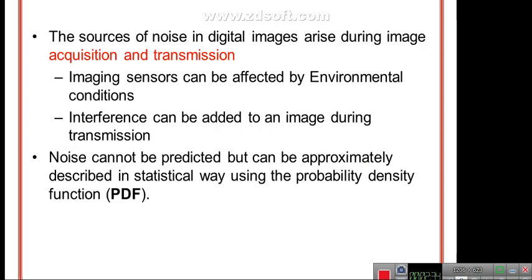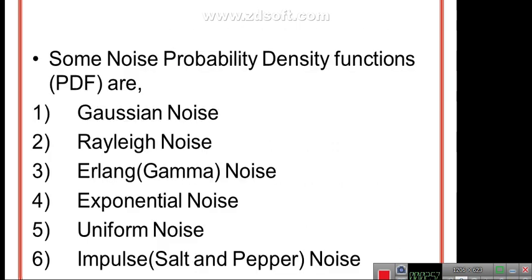Another topic is the noise model. The sources of noise in digital images arise during image acquisition and transmission. Image sensors can be affected by environmental conditions, and interference can be added to an image during transmission. Hence, noise cannot be predicted, but it can be approximately described in a statistical way using the probability density function.